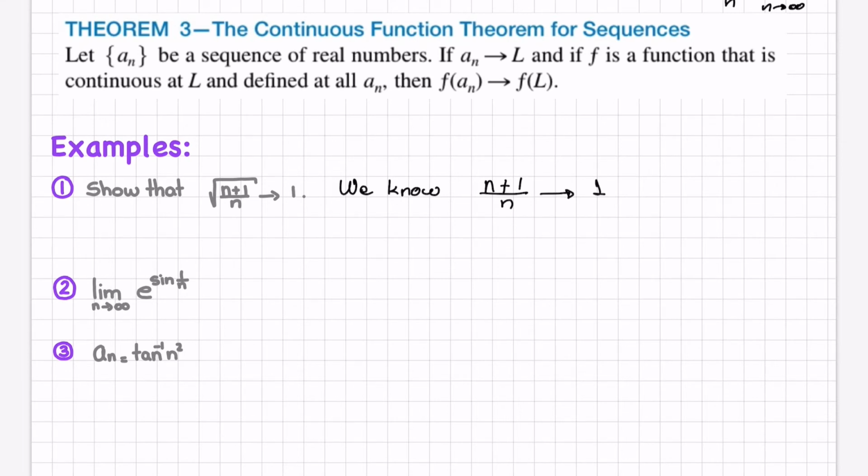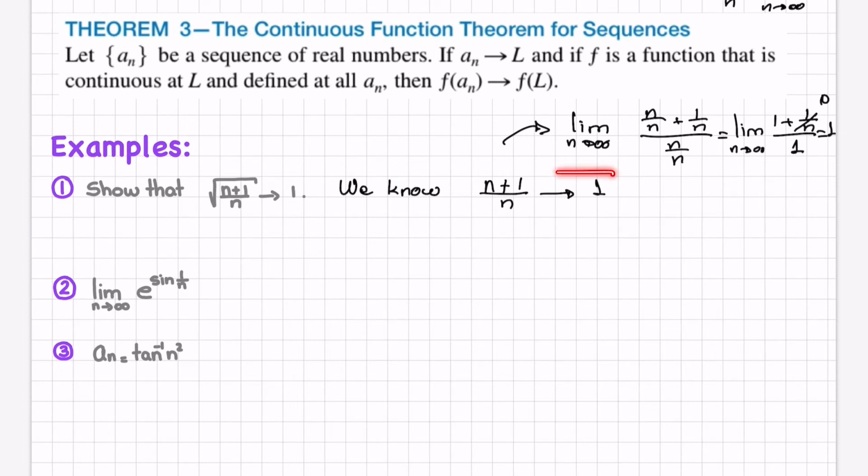If you want a proof, you just divide everything by n. That's the limit as n approaches infinity of 1 plus 1 over n, over 1. And this approaches 0, so this limit is 1.